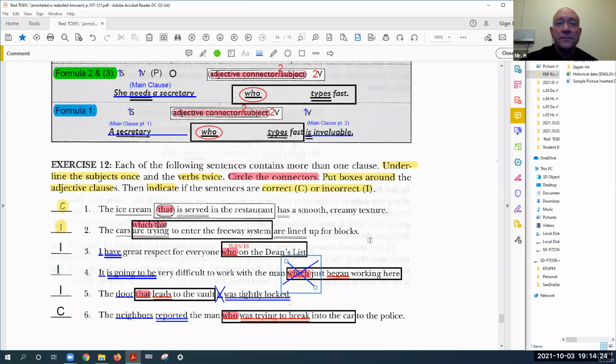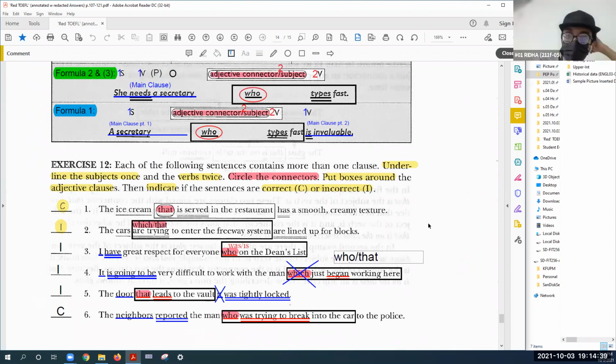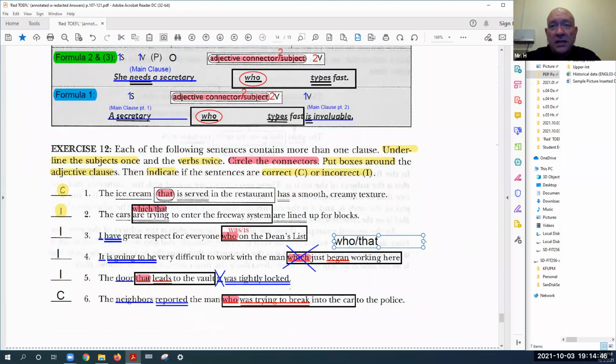Tell me the connector. Who or that? I should put who, or I put that. Both of them are possible, right? Which one is the best? It doesn't matter. They mean exactly the same thing.